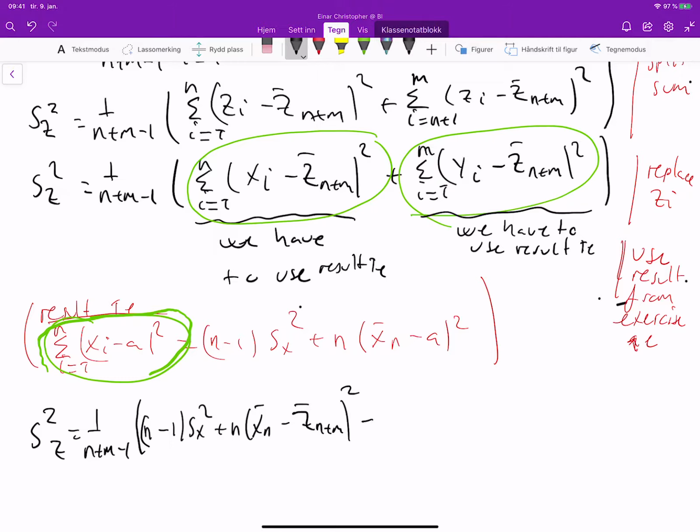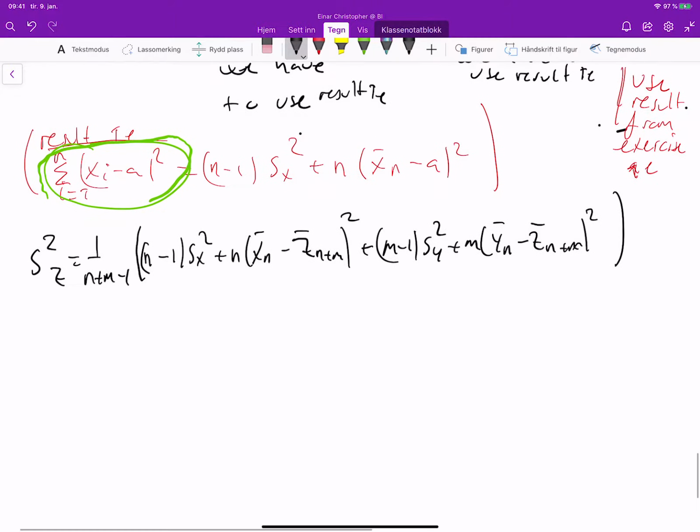So that gives us plus m minus 1 times sy in the power of 2 plus m yn bar minus set n plus m bar in the power of 2, and then n parentheses. And now it's a lot of manipulation here, and we will do it.